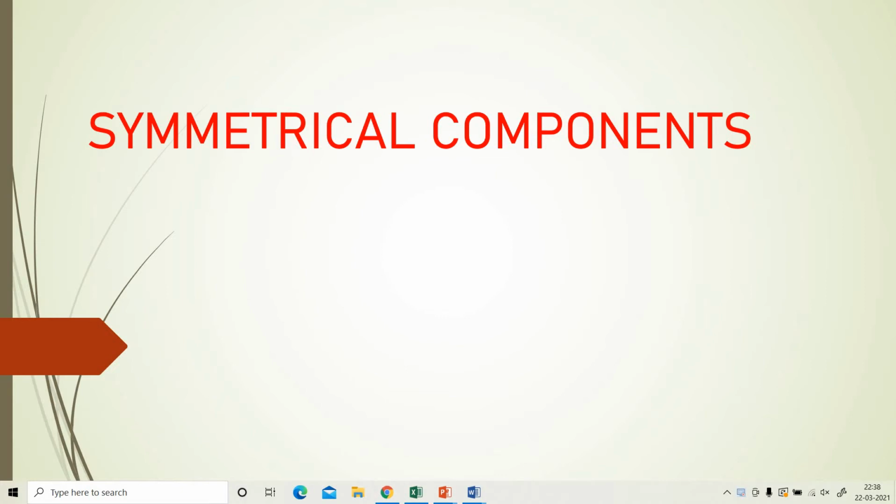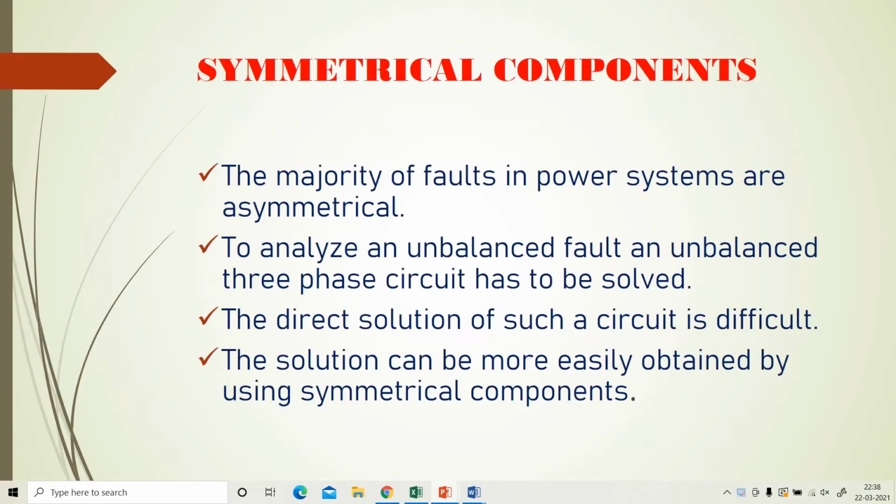In this video, I am going to explain symmetrical component and matrix notation of the symmetrical component. Symmetrical component. The majority of the faults in power system are asymmetrical.